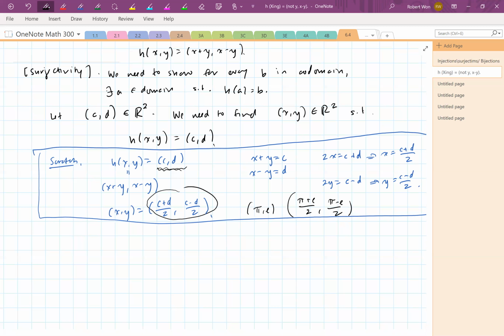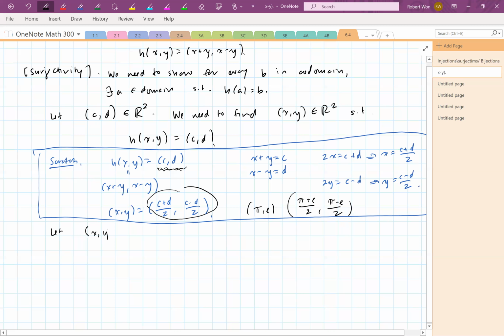So let (c, d) be in R2. Now let (x, y) equal ((c plus d) over 2, (c minus d) over 2).